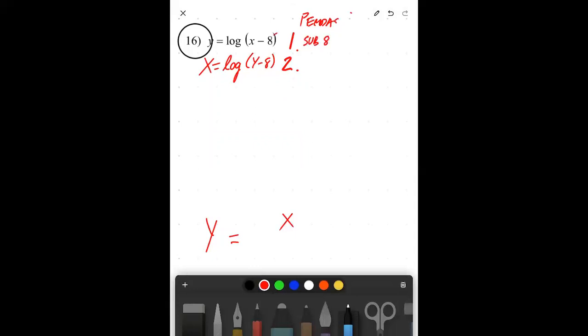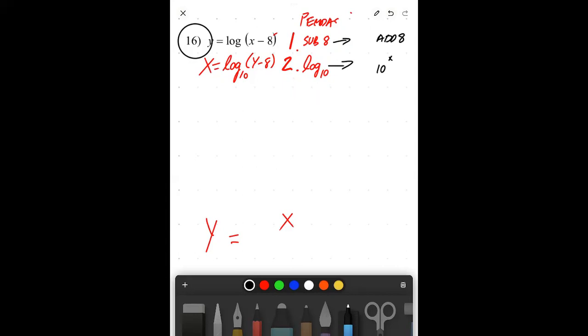Since there are parentheses, we do what's inside first. Then we take the log, and this has a base of 10. Now we're just going to do the inverse. The inverse of subtracting 8 is adding 8. The inverse of log with a base of 10 is having a base of 10 and raising x up.